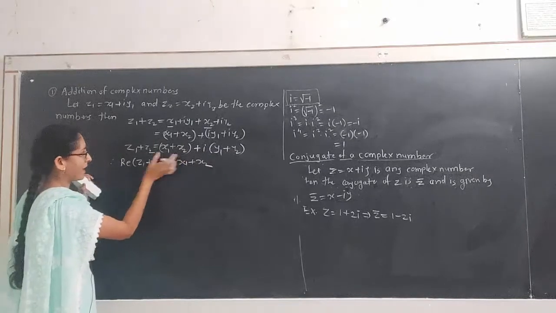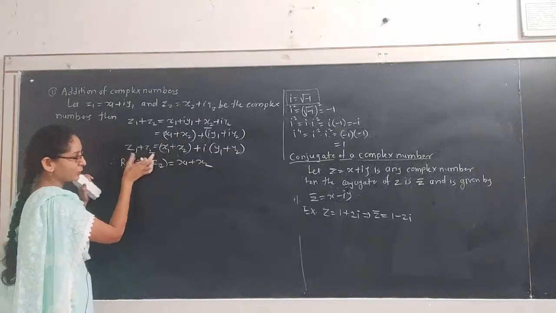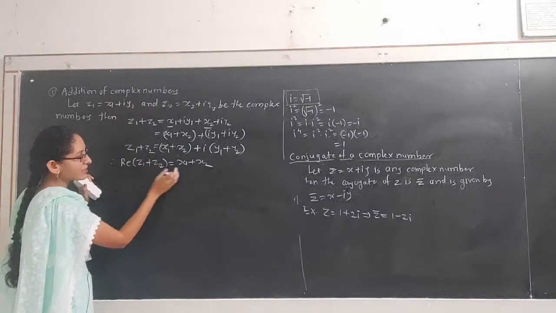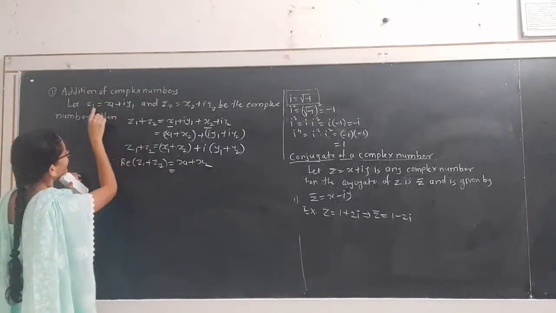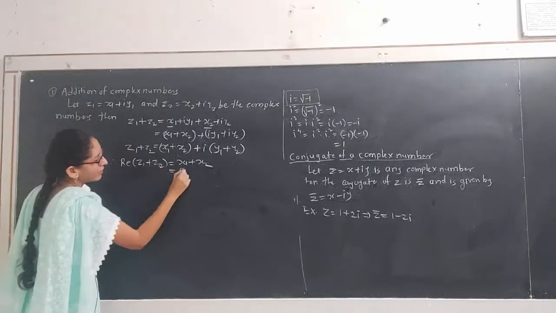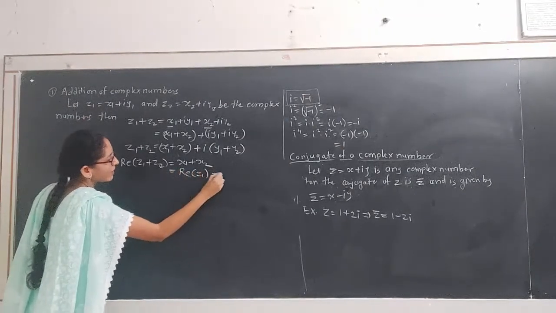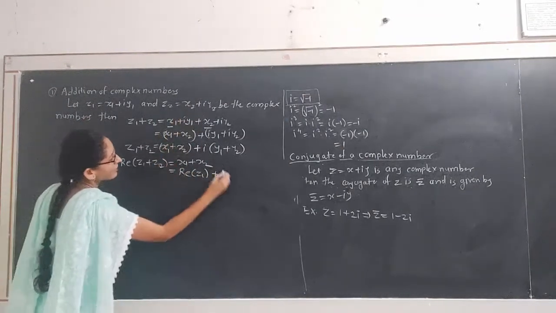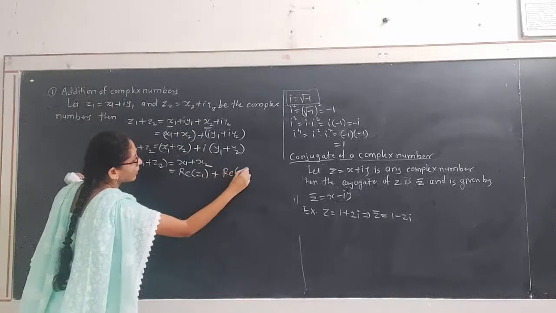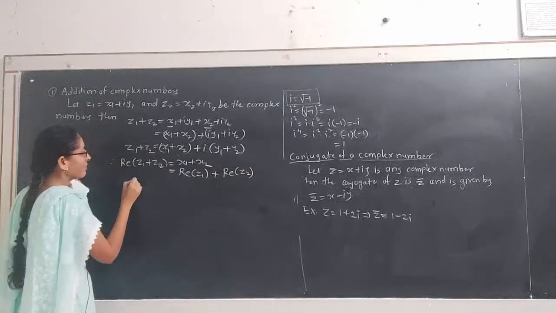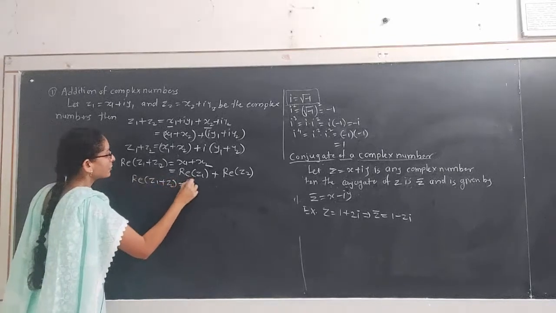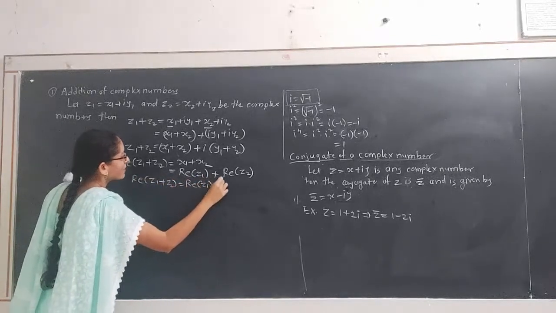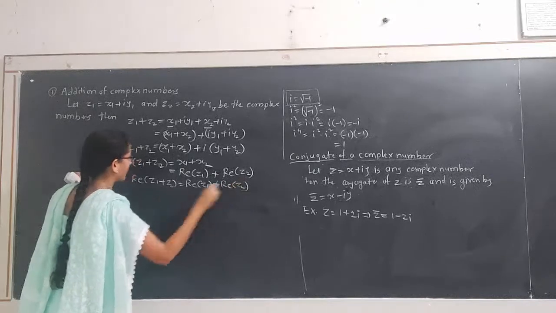The real part of z1 plus z2 is x1 plus x2, but what is x1? x1 is the real part of z1. x2 is the real part of z2. Hence we have the real part of z1 plus z2 equal to the real part of z1 plus the real part of z2.